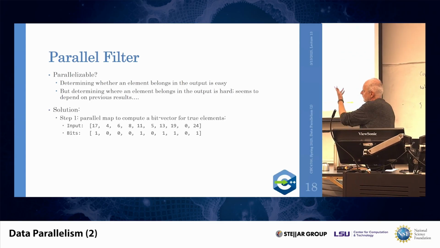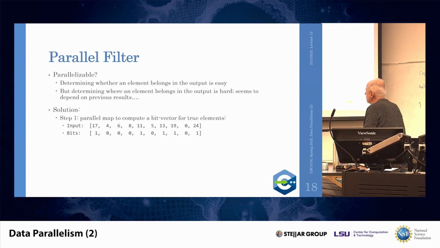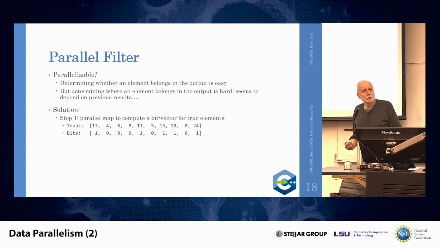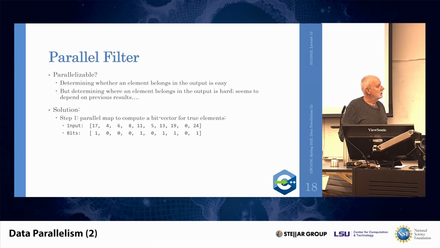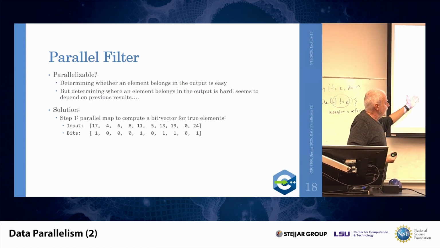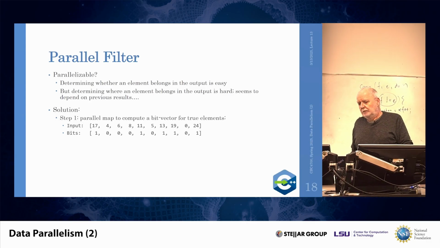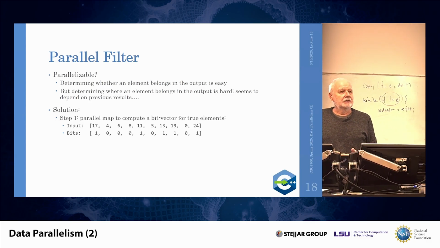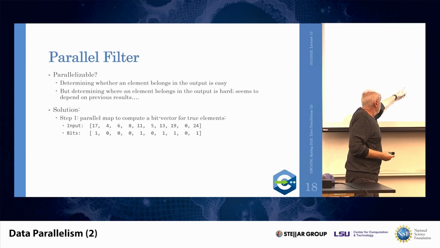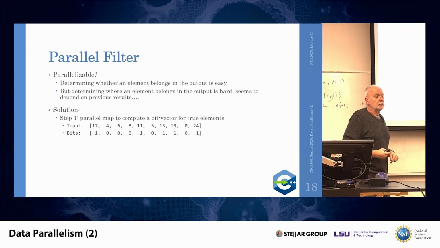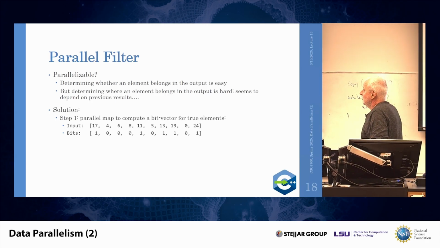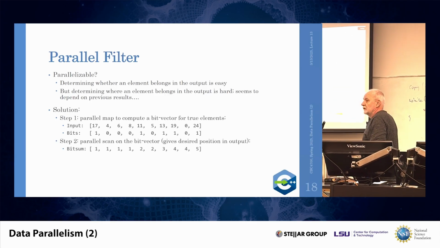Well, I will give you just an example again. It's the same numbers as I had before. It consists of several steps we have to perform in order to get a copyIf parallelized. First, we create an intermediate bit vector which tells us whether a current element is part of the output sequence or not. So you see those that are larger than 10 are part of the output sequence, and all the others are not. Then we do a scan on the bit vector.